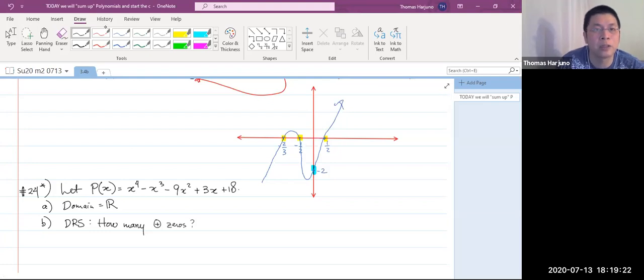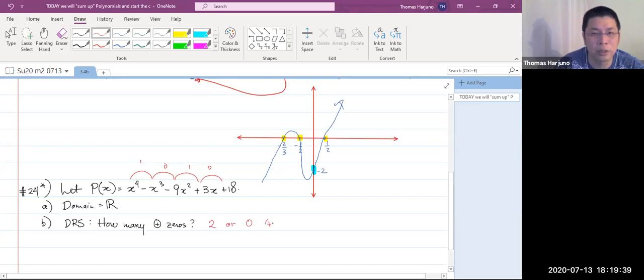For the number of positive zeros, we see how many times the sign changes: 1 time, none, another 1 time, no. So it's either 2 or 0 positive zeros. Now, how about the number of negative zeros?